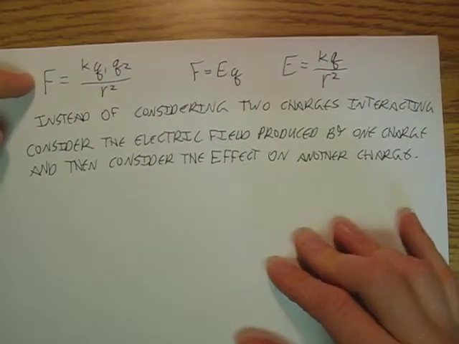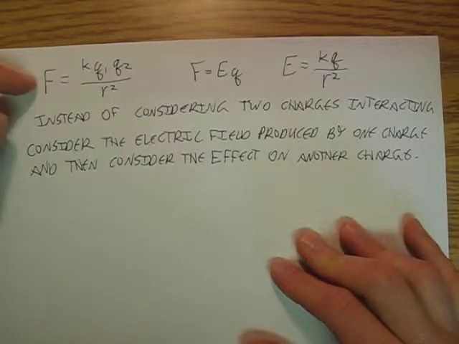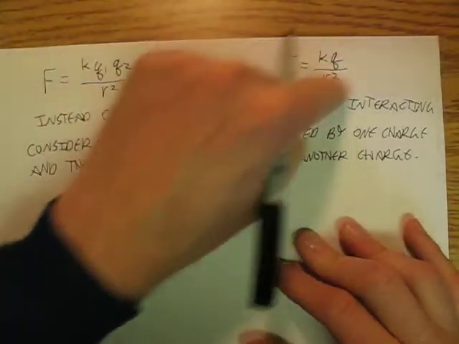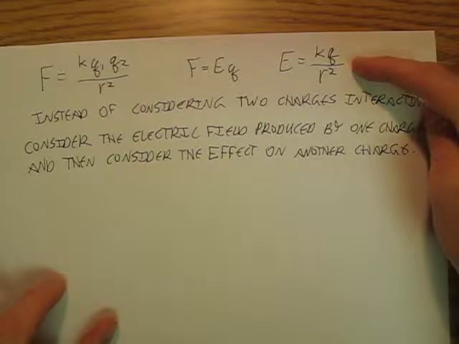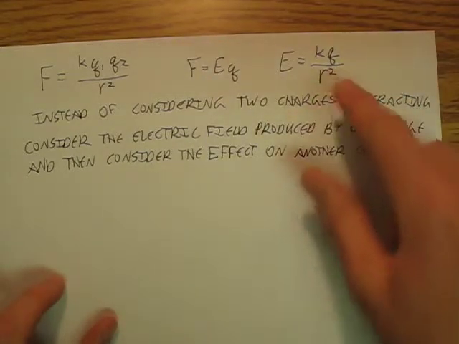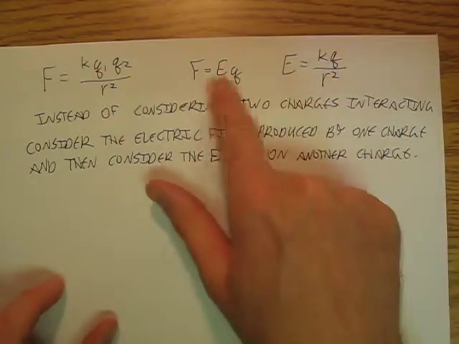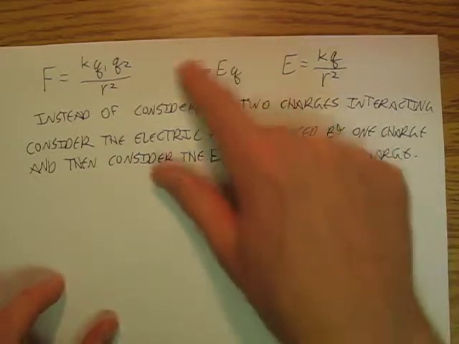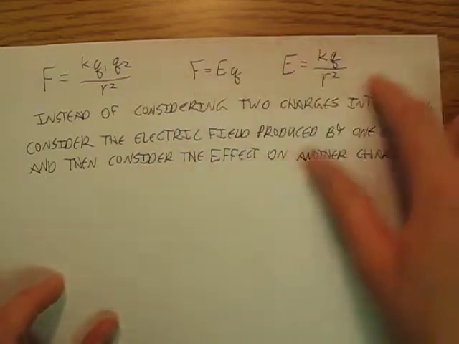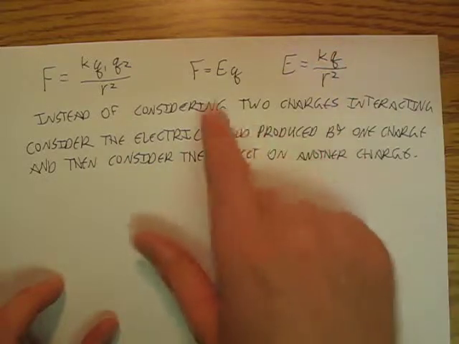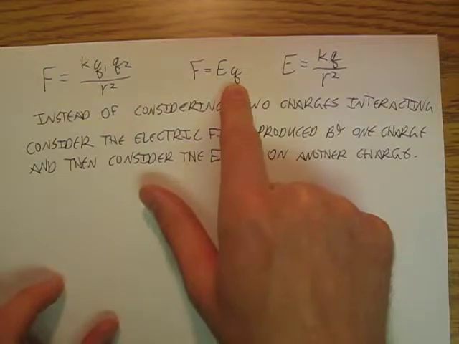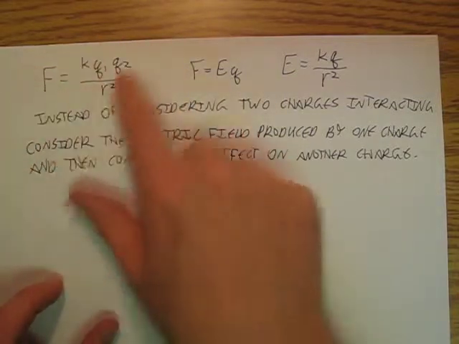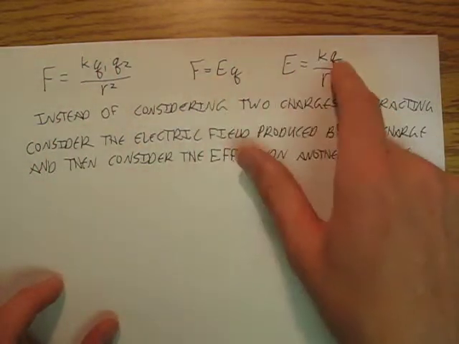Instead of considering two charges interacting, Q1 and Q2, let's consider the electric field produced by one charge, and then let's consider the effect of that electric field on another charge. So we figure out what the electric field is, and then we figure out what its effect is on a second charge. So we're basically breaking this one equation into two concepts.